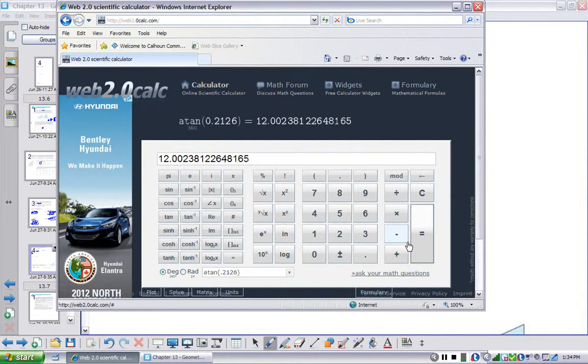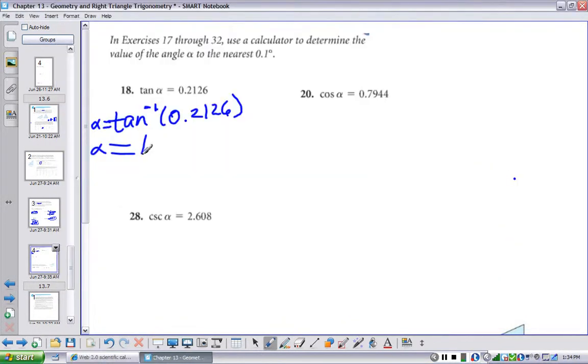Notice what we get back, and remember you round to the tenths place. That's 12.0 degrees.